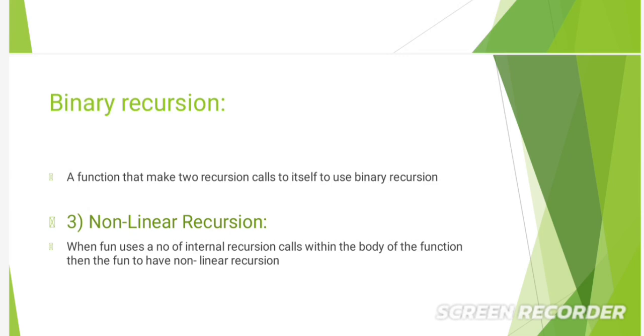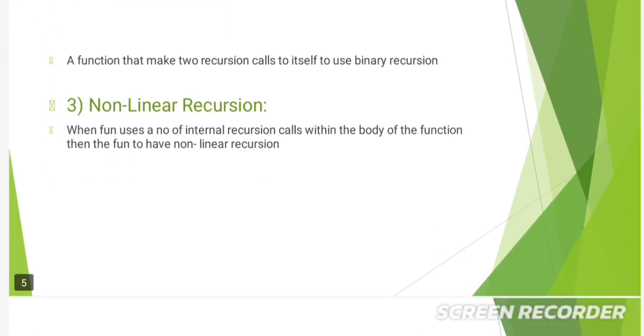Next, third type, non-linear recursion. Non-linear recursion means when a function uses a number of internal recursive calls within the body of the function, then the function is said to have non-linear recursion.